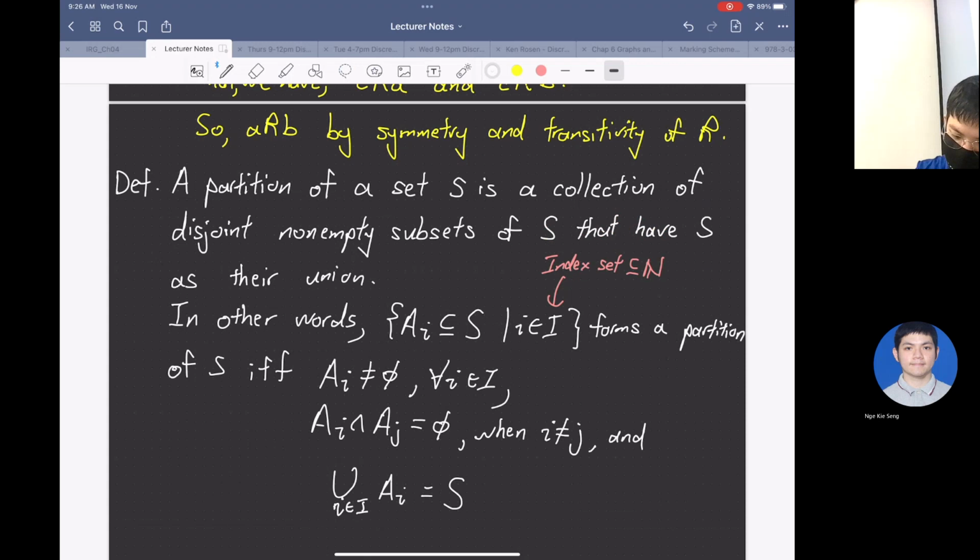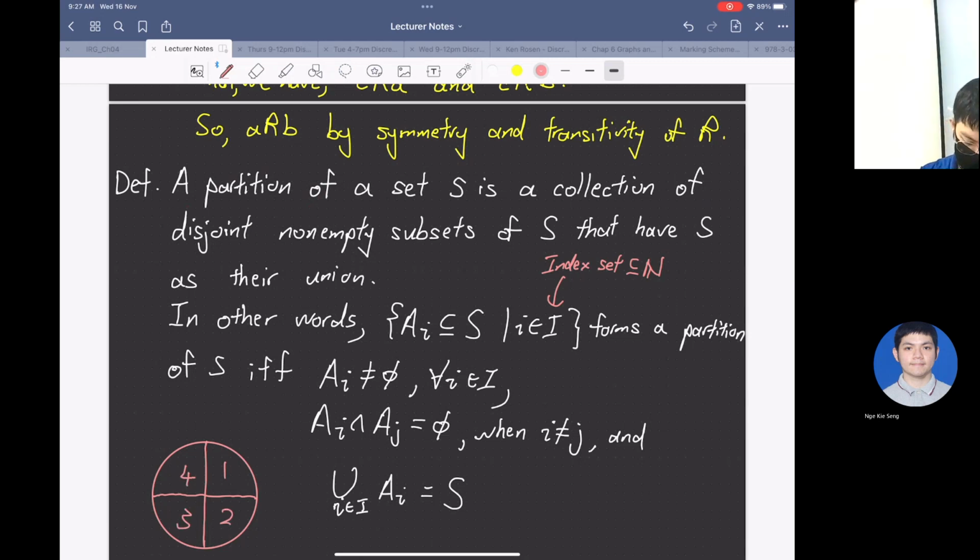So you got a partition. For example, you have a cake and you want to partition it. When you partition your cake, these four pieces have no intersection.